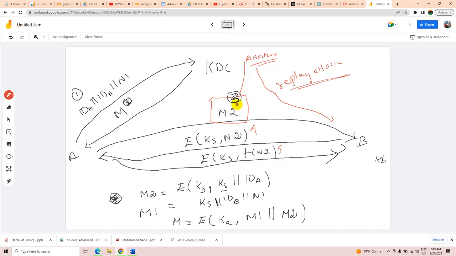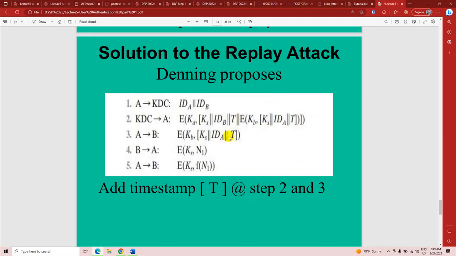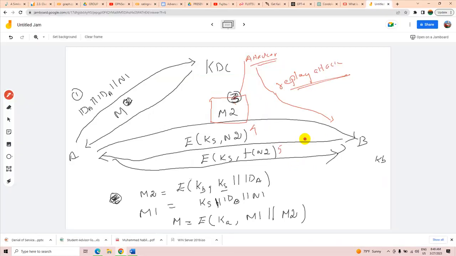If the attacker is capturing M2 and sending the message after some time to B, then if there is a timestamp and there is a delay in the message, the attacker is capturing the message but sending after some time, but in that message there is a T value.